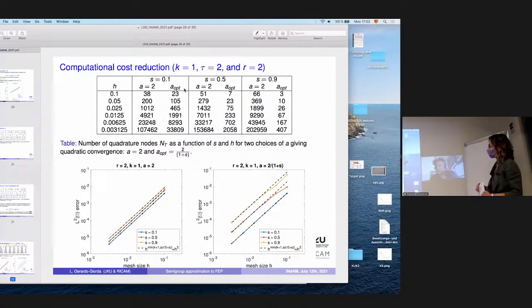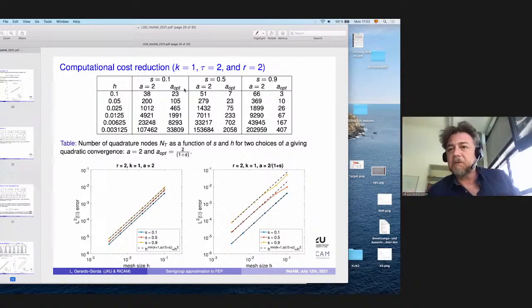And I stress it, that was for a very simple and basic quadrature rule that we are using. So we're just using a uniform grading in time. And a priori, one can think of doing something better in that sense.